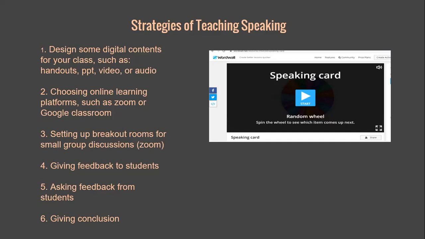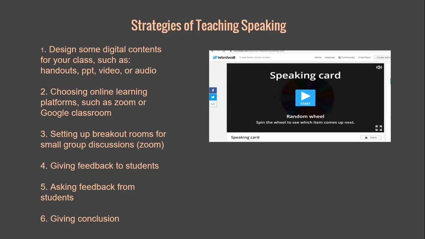Because by doing this, we can give feedback to our students, and by breaking them into small groups, we can detect their weaknesses and strengths. It is also needed to ask feedback from our students. So it's not only about giving them feedback, but also asking them for feedback about our teaching methods.